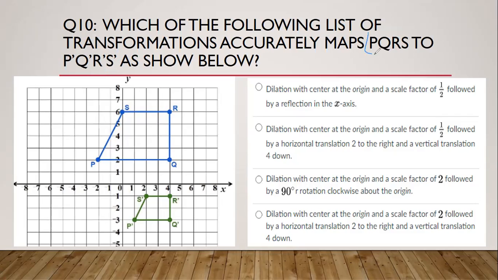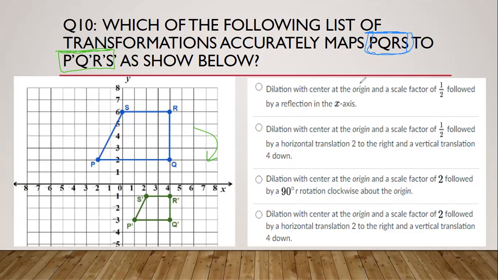So PQRS here is our pre-image. And then over here we have P prime, Q prime, R prime, S prime. Well, that's now our image. That means we went from the blue one to the green one. So we started at the blue one and we went to the green one, okay?